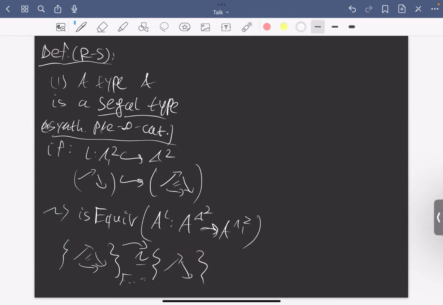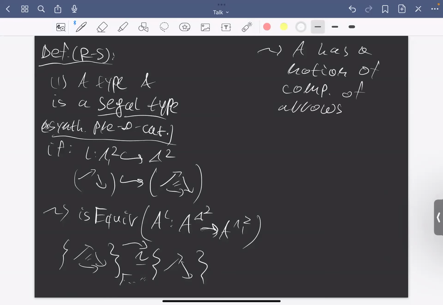And so intuitively what it means is A has a notion of composition of one-arrows, uniquely up to contractibility.